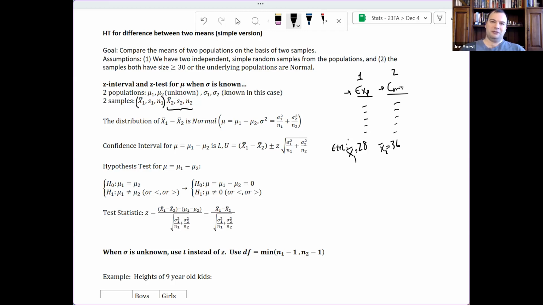Or is this a big enough gap, let's say 8 hours, that it would be so unlikely to happen in this type of a sample if the means were actually the same, that I would prefer to reject the null hypothesis that the means are the same, and go with the alternative that mu1 is actually less than mu2, and that my medication actually does have some effect.